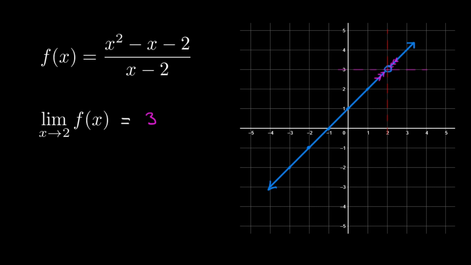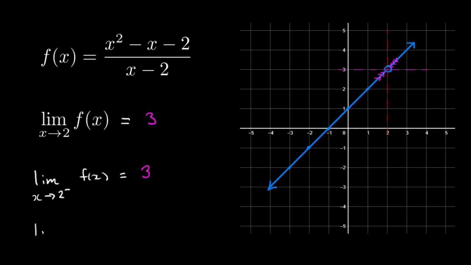So make sure you understand that if you're going to evaluate a limit at a point of discontinuity, you should at least consider, if not write down, the two what we call one-sided limits, like we just illustrated on the graph paper here. If I try to evaluate the limit of this function as x approaches 2 from the left, then we can see the y values are getting closer and closer to 3 from below.